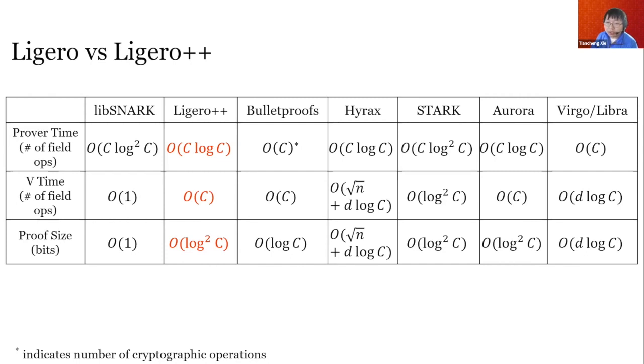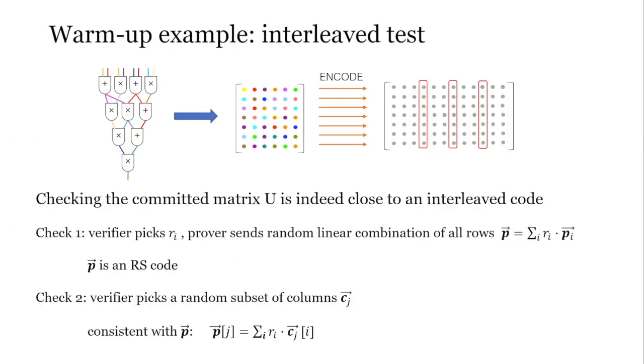And their proof size is actually far better than ours. I have to admit that. For the verification time, I think it's similar. I have no idea for the verification time. Let me just have a look at the experimental results.